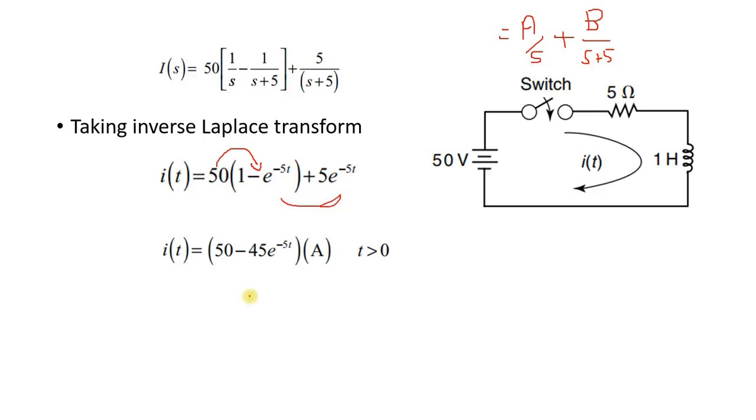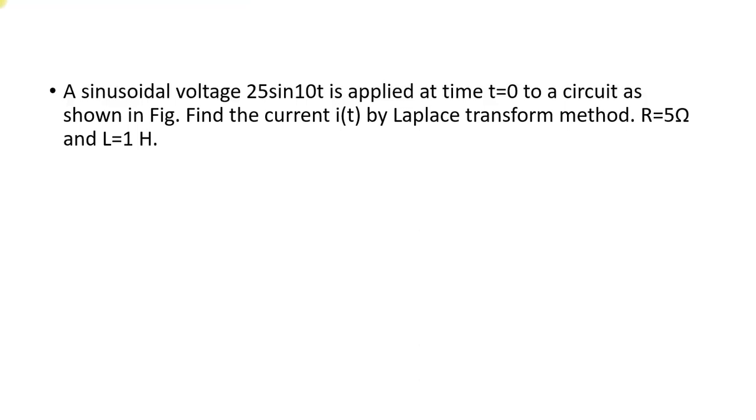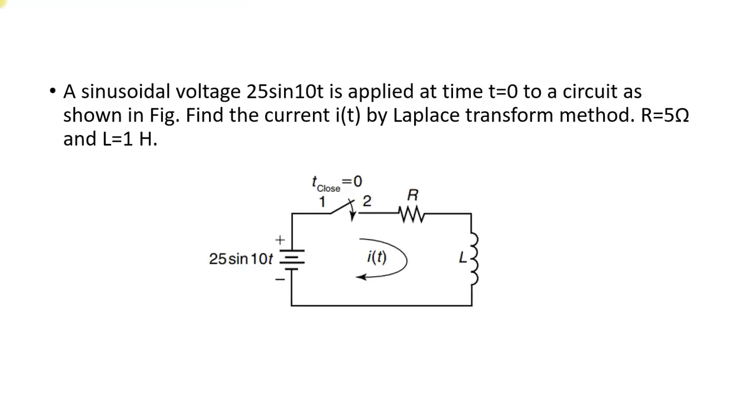Next we move on to the problem with a sinusoidal input voltage source. A sinusoidal voltage of 25 sine 10t is applied at time t equals 0. That means at time t equals 0 the switch S is closed to the circuit shown in the figure. Find the current i(t) by the Laplace transform method.